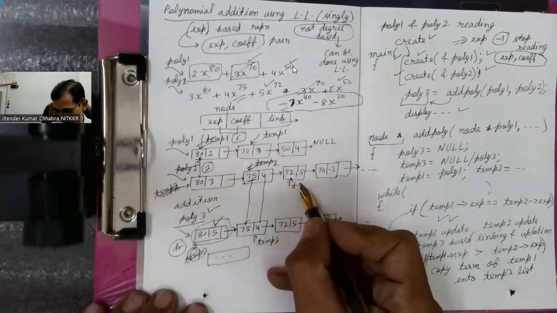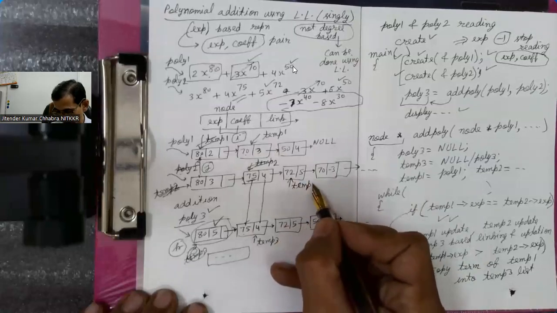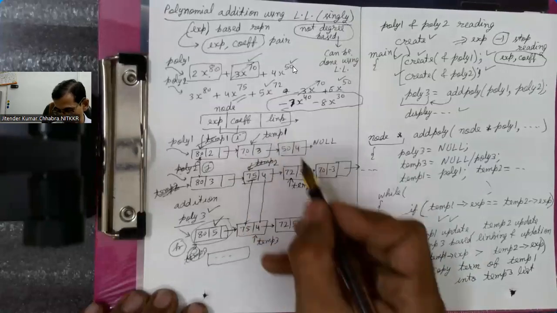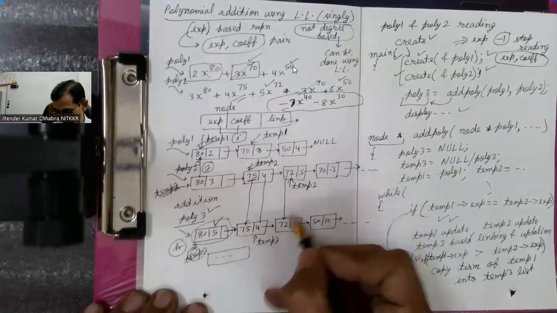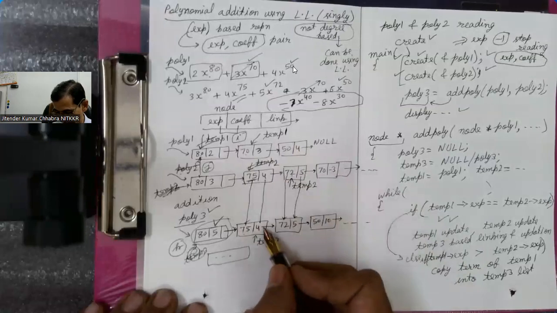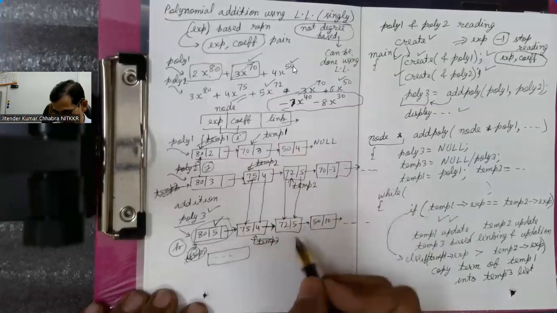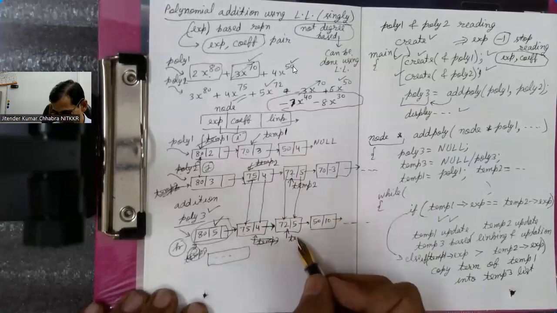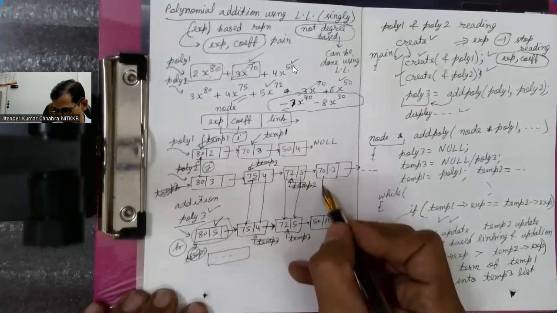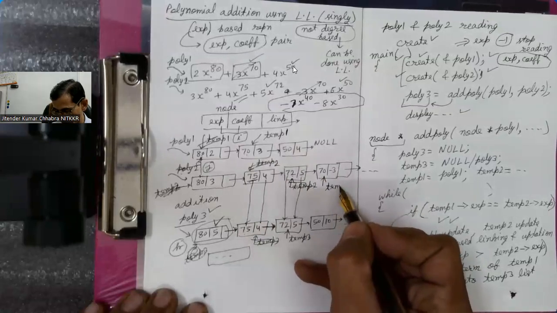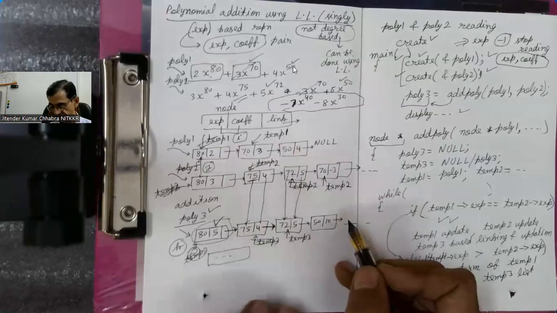Now temp2 here. Again, temp2 versus temp1 comparison. Still it is higher. So this will mean a new node is created, data copied, this linking done, and temp3 shifted. And temp2 also to be shifted because temp2's data has been copied as it is.